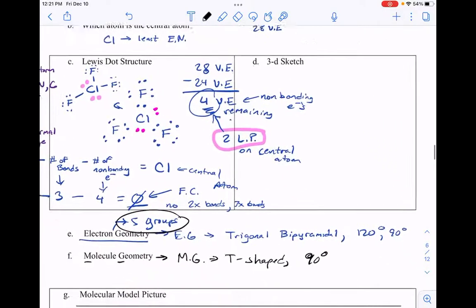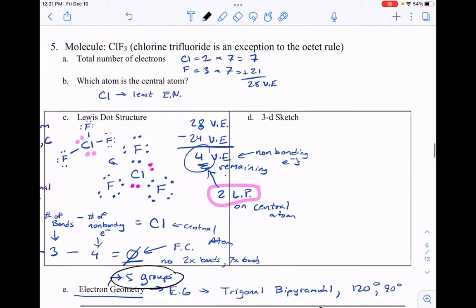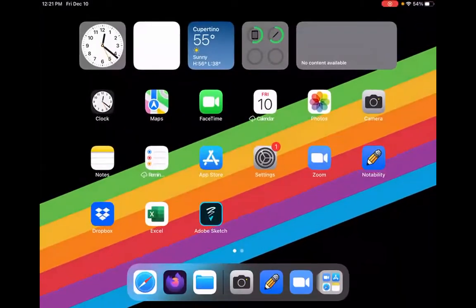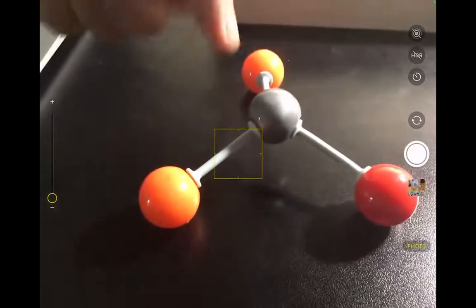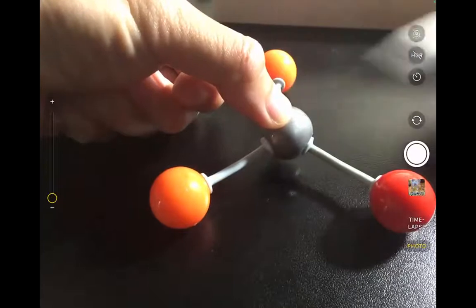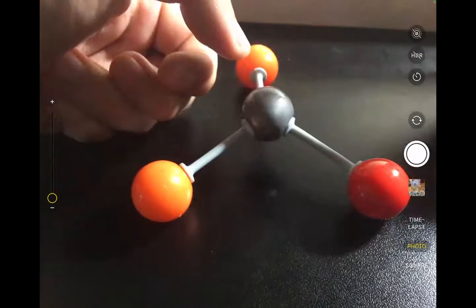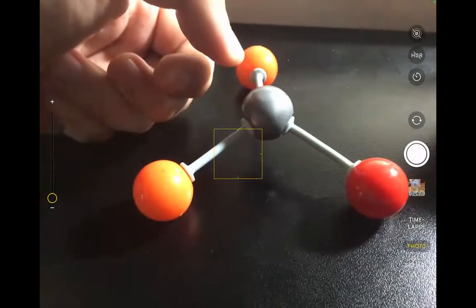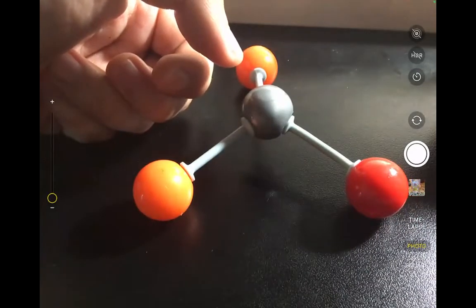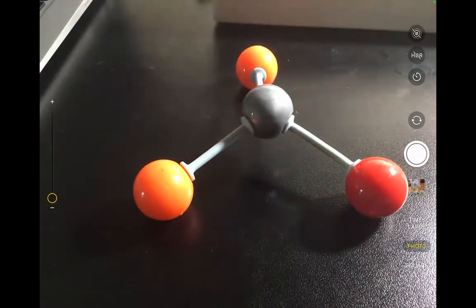All right, so ClF3, I'm going to be honest with you. For the 3-dimensional sketch, it's going to be the same as BF3. And so we're just going to pretend that for ClF3, this is Cl, and then this is the fluorine. Oh, wait, hold on real quick. No, because we're talking about trigonal bipyramidal. Darn.